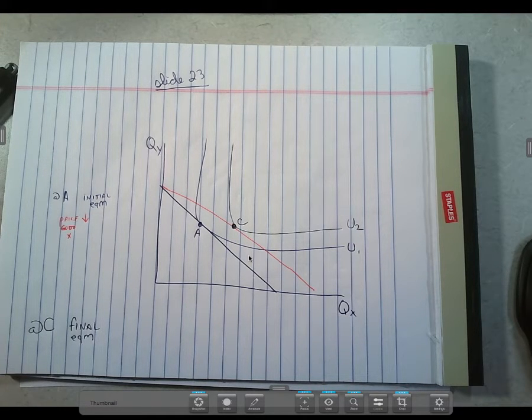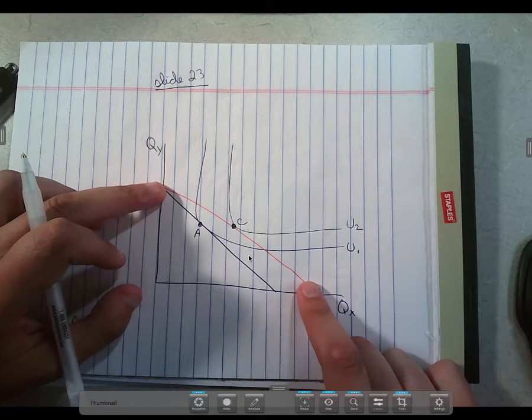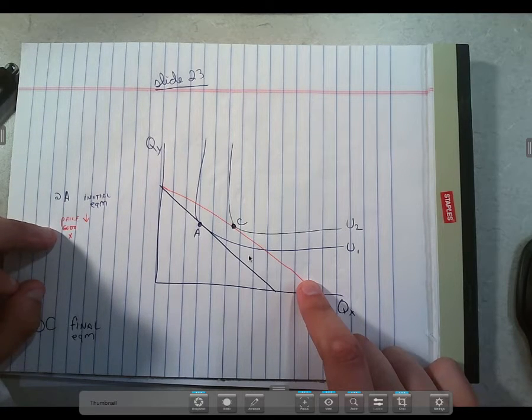What the income effect says is, let's draw a line that is parallel to the revised budget constraint line. So the red line is my revised budget constraint line, what we had after the change in the price of good X.